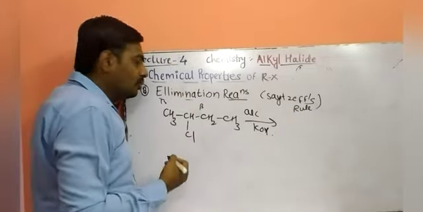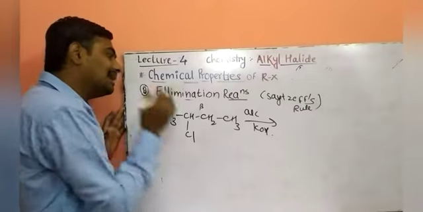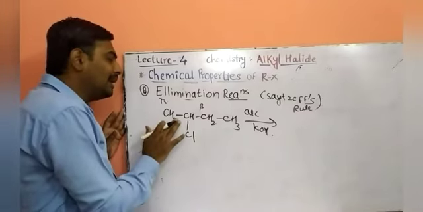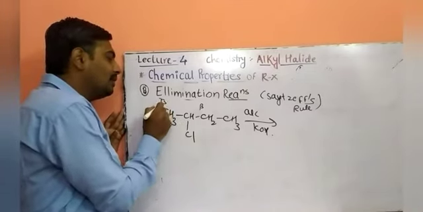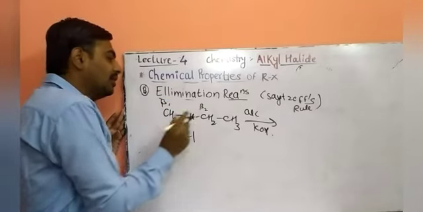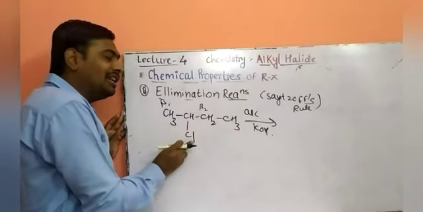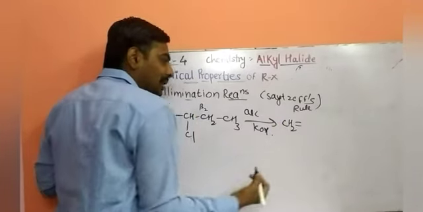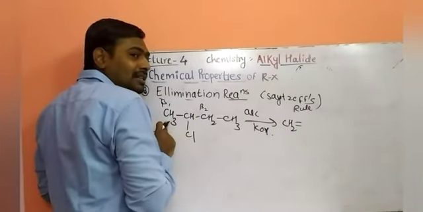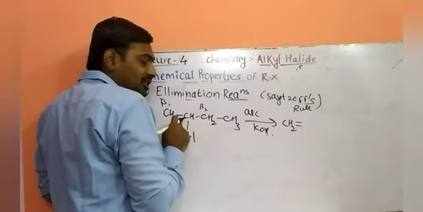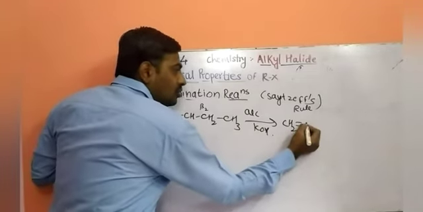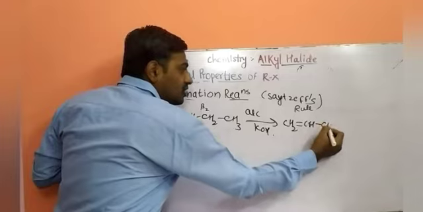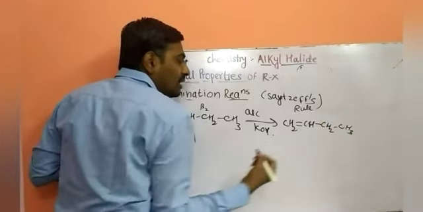So what is Saytzeff's rule? The molecule is unsymmetrical and contains two beta hydrogens. This is beta 1, this is beta 2. If this hydrogen and chlorine are eliminated, we get CH2 double bond CH, CH2 CH3 as one product.